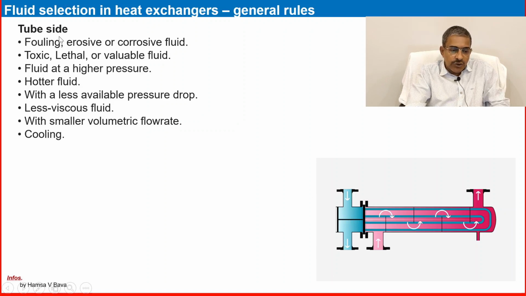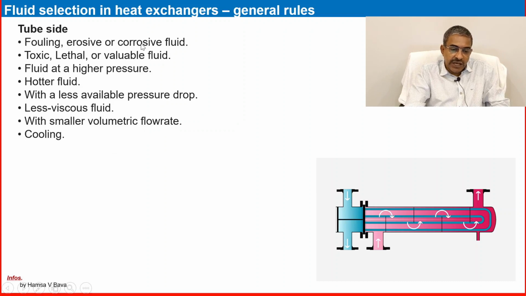In the tube side, we always prefer fouling or erosive or corrosive fluid, toxic and lethal or valuable fluid, fluid at a greater pressure, hotter fluid with a less available pressure drop, less viscous fluid with similar volumetric flow rate, or cooling fluid. So these are what we always prefer in the tube side.